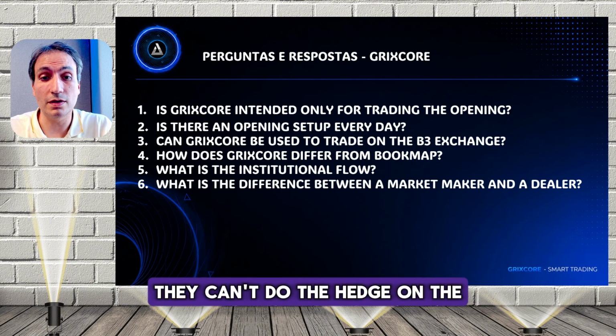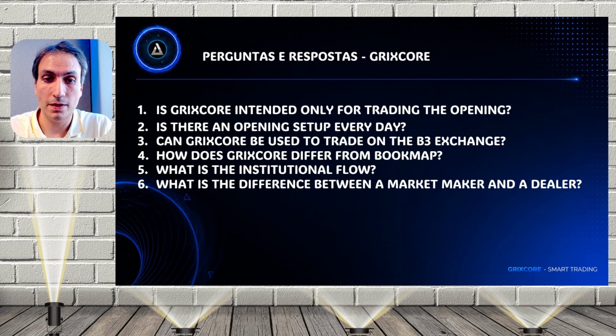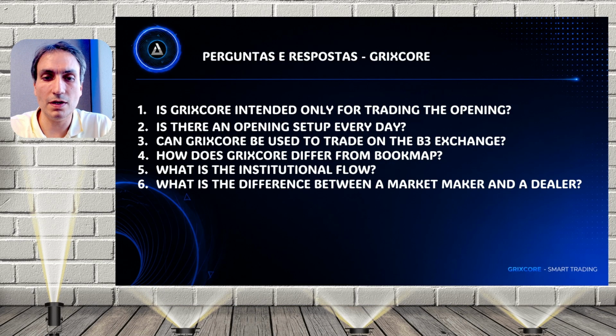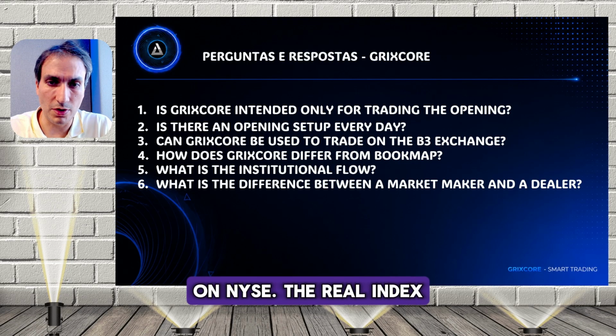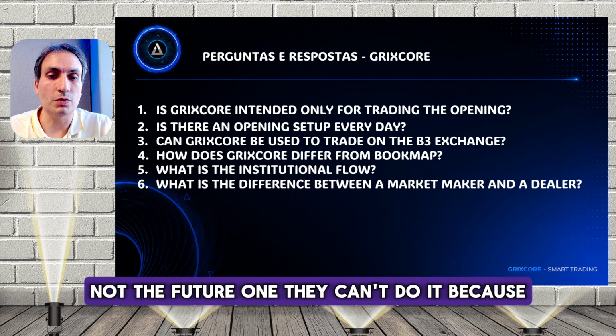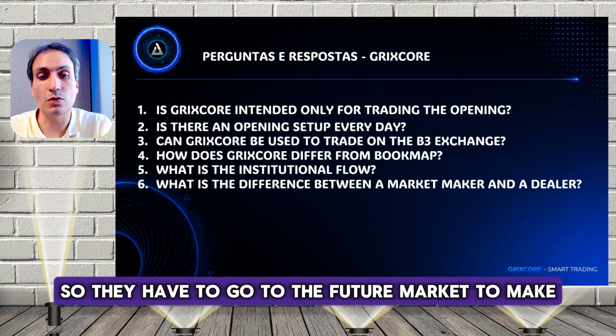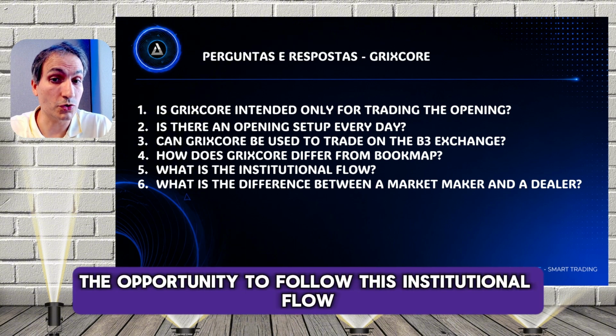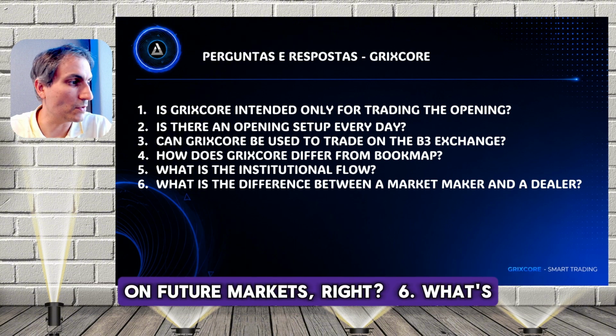They can't do the hedge on the index itself, Nasdaq and S&P, the real index, not the futures one. They can't do it, so they have to go to the futures markets. That's why we have the opportunity to follow this institutional flow on futures markets, right?